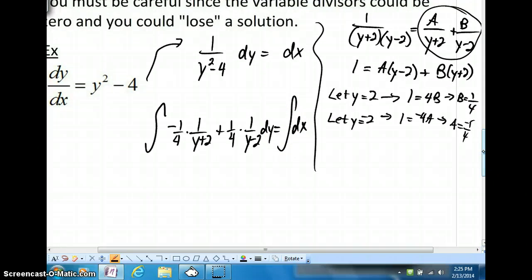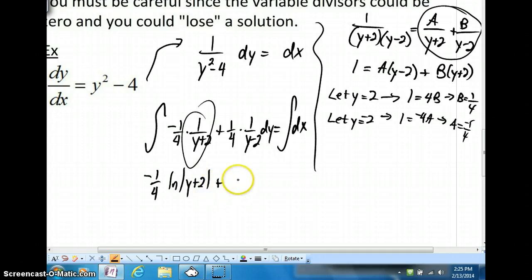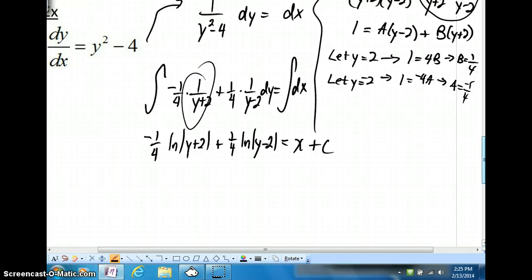And help me, guys. Hopefully we remember how to take the antiderivative of 1 over y plus 2. What's that? Absolutely. The natural log of the absolute value of y plus 2. Here we have plus 1/4 the natural log of the absolute value of y minus 2. How about the right side? X plus some little pesky constant, right?